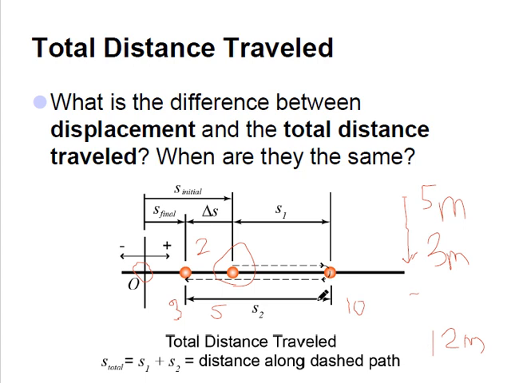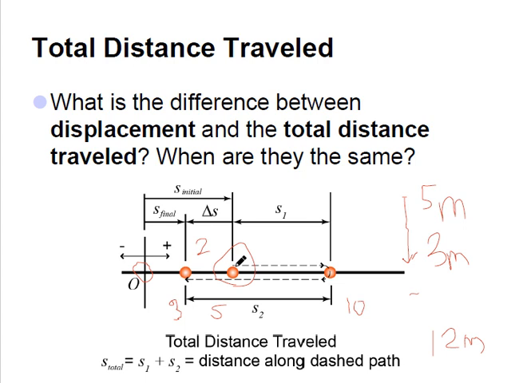So the key point again, don't forget, your S total in this example is S1 plus S2. S1 is 5, S2 is 5 plus 2, so altogether 12. The key point is if the particle moves in a straight line without reversing direction or turning, the displacement and the total distance traveled are the same.